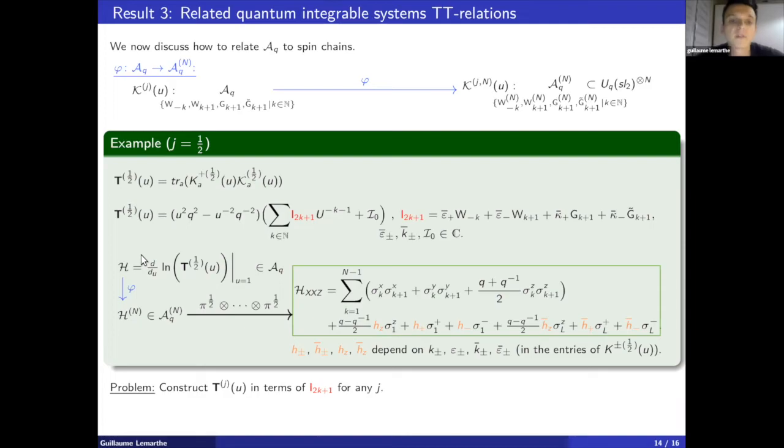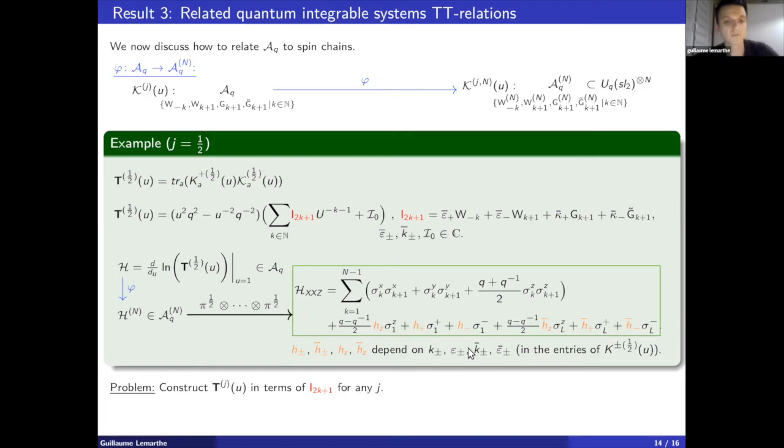So now to get the Hamiltonian, you need to take the logarithmic derivative of the transfer matrix. So it's an element here in AQ. Then you apply this phi so that you have an element in UQSL2 times n. And now you apply some finite dimensional representation of UQSL2. And then you obtain the usual spin 1/2 XXZ open spin chains.